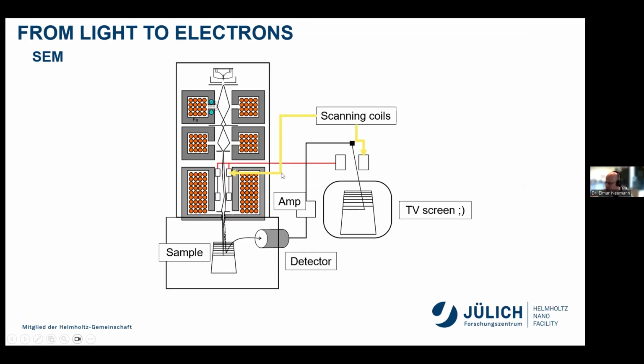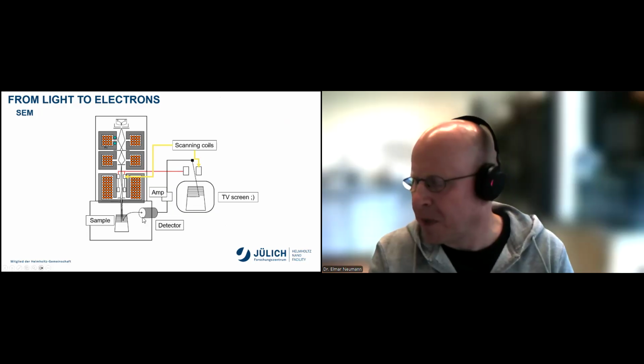These particles will be detected, amplified, and then, with another set of scanning coils, represented on a TV screen, so that again an electron beam is moving over the screen, and this motion is synchronized: the one over the sample and the one on your screen.